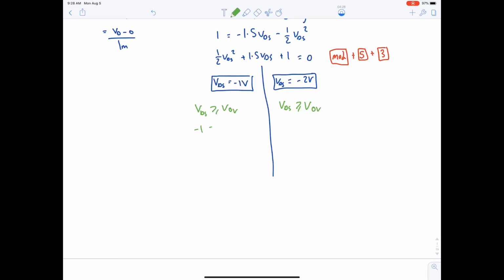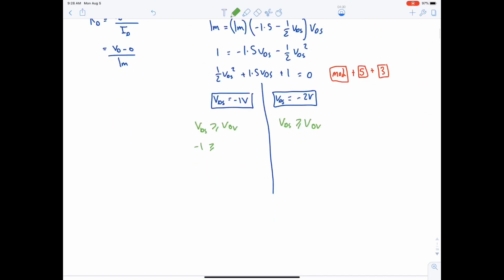VDS is minus 1, VOV is minus 1.5, and here it's minus 2. So minus 1 is greater than minus 1.5, but minus 2 is not greater than minus 1.5. Hence, VDS equal to minus 1 is the correct answer.